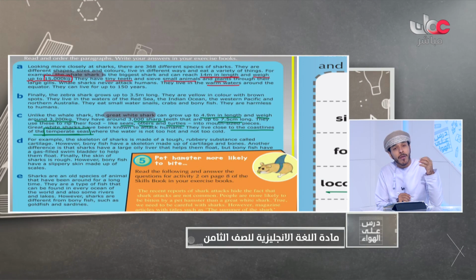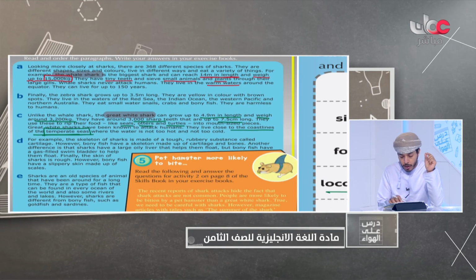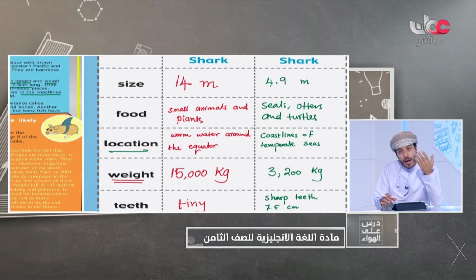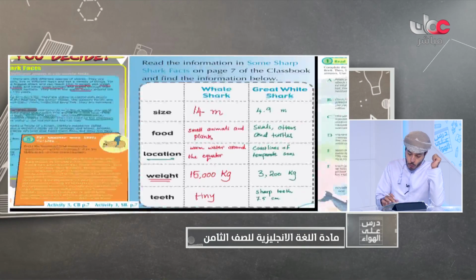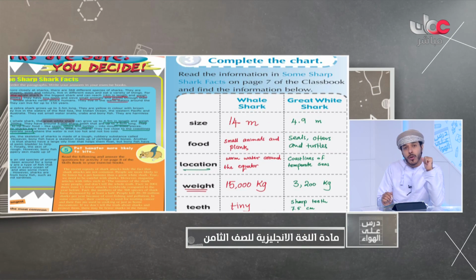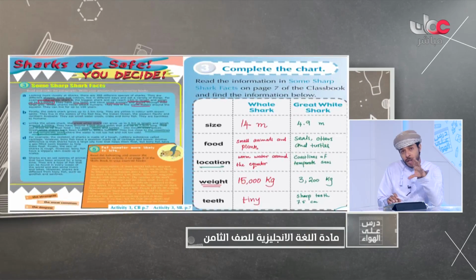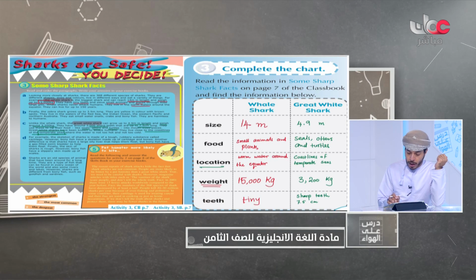And also you can give a presentation. You can put the information in a table like this one, and then you can develop a presentation to talk about these two sharks or any other sharks that you have here. Good. So here are some ideas that can be used in order to give different presentations in your classes.